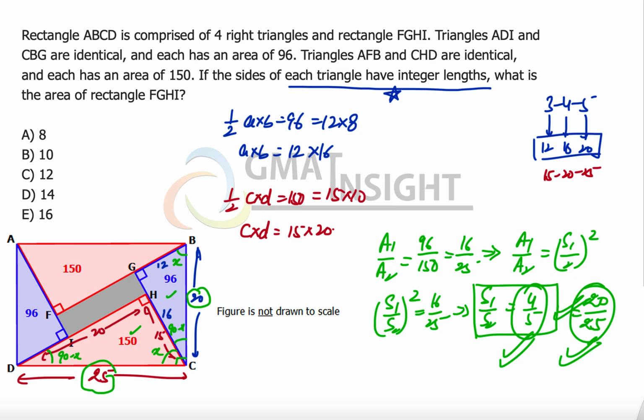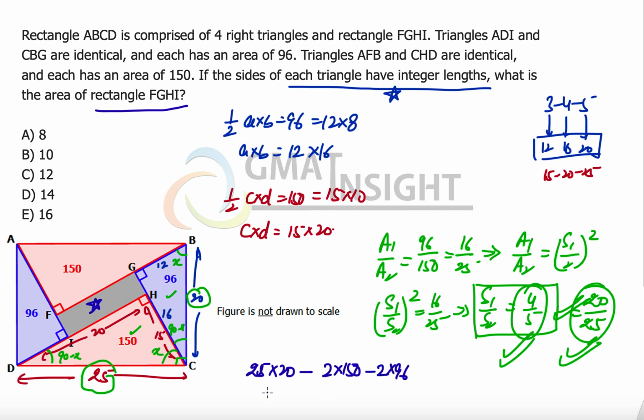Now to find the area of the rectangle FGHI, which is the small rectangle, we just have to subtract the area of these 4 triangles from the area of this rectangle. That means the area of the rectangle, which is 25 multiplied by 20, from which we subtract 2 times 150 and 2 times 96.